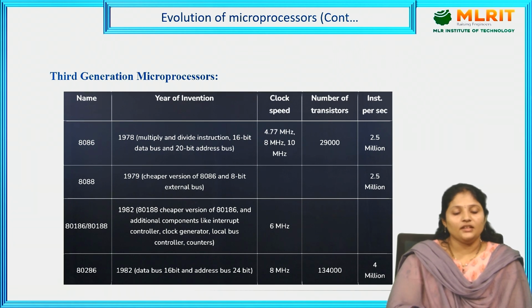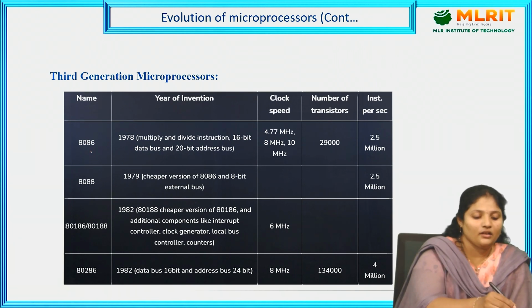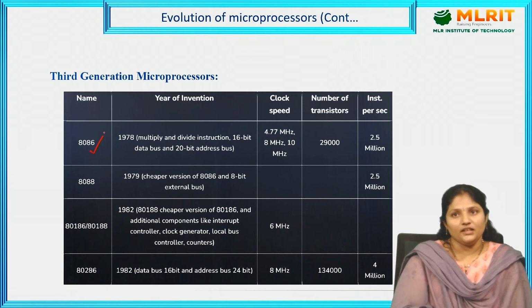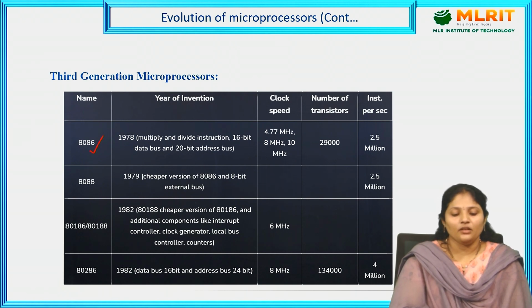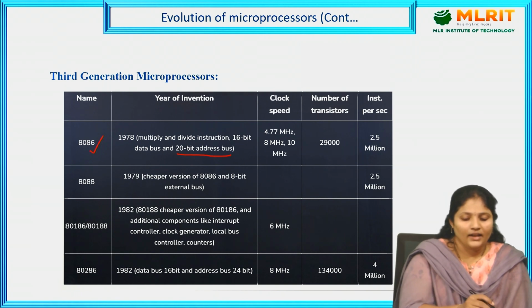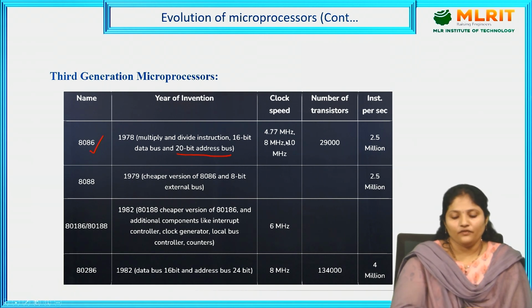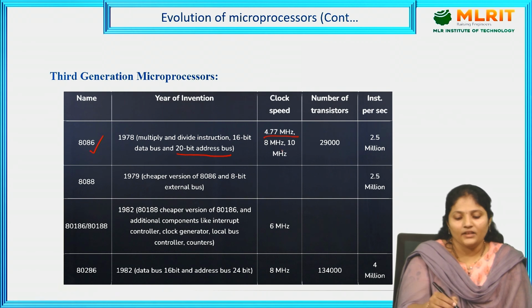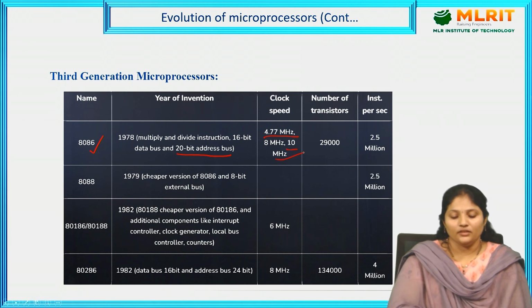So coming to the third generation microprocessors, the first is the 8086 microprocessor. It is a 16-bit microprocessor with a 20-bit address bus. It has a wide range of clock speeds, from 4.77 megahertz to 10 megahertz; there are 3 versions of clock speed in this microprocessor.